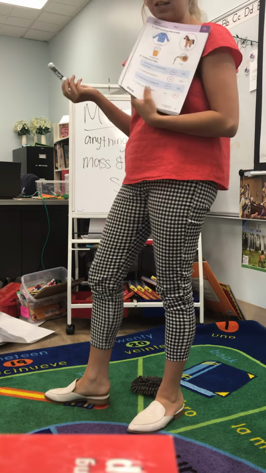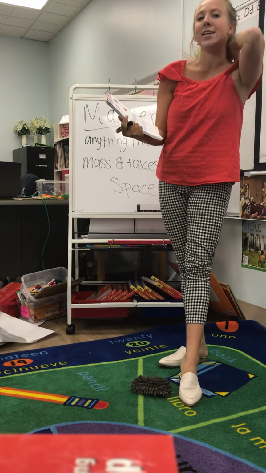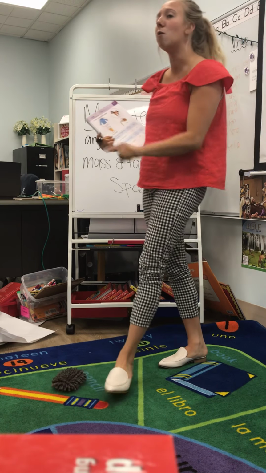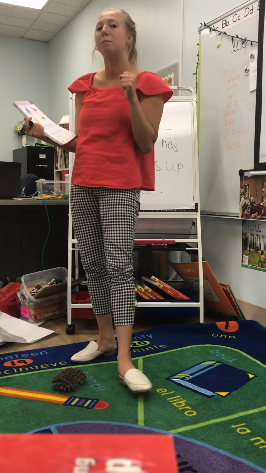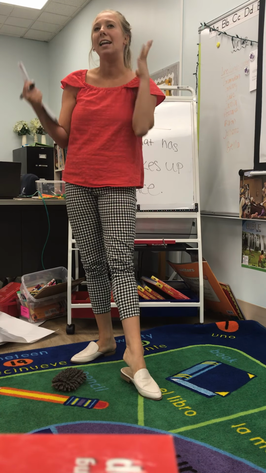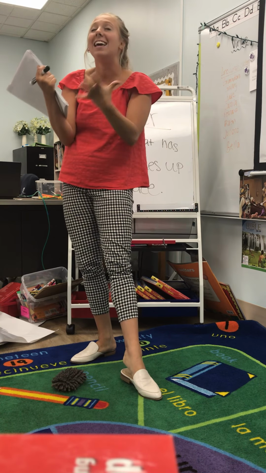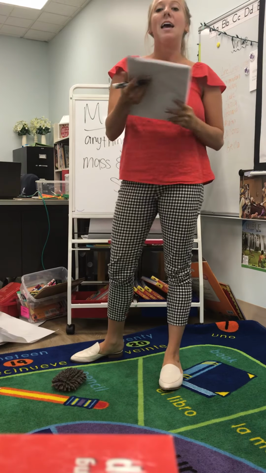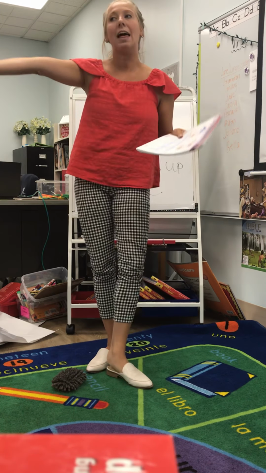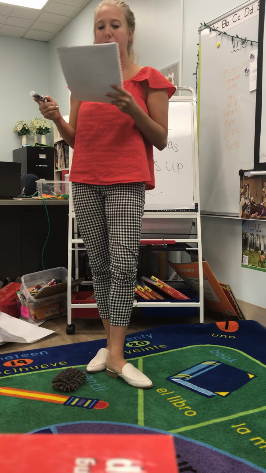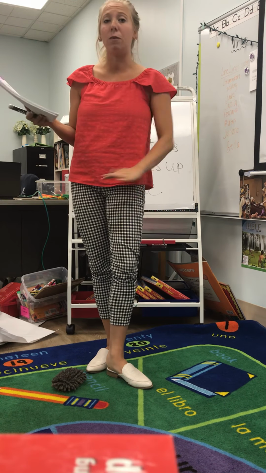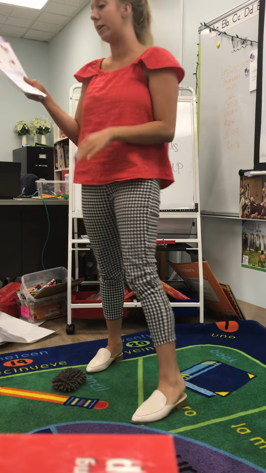Is syrup a solid? So remember, liquids are not solids because we cannot weigh them. They do not take up space as a substance. If you put liquid in a cup, that'll take up space. However, liquid itself cannot be weighed, therefore it is not a solid.